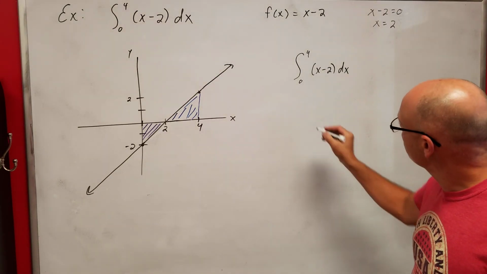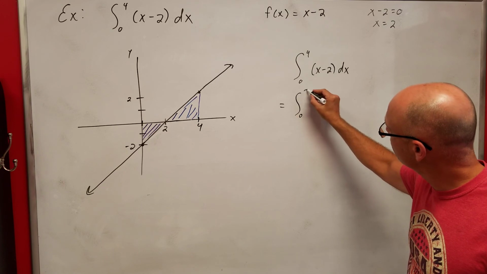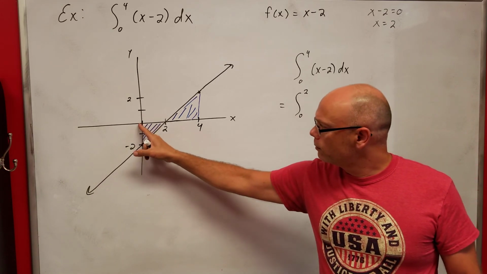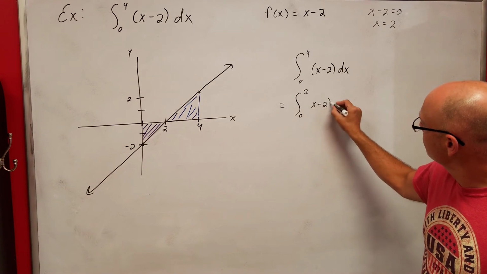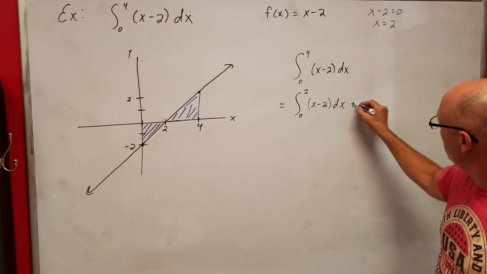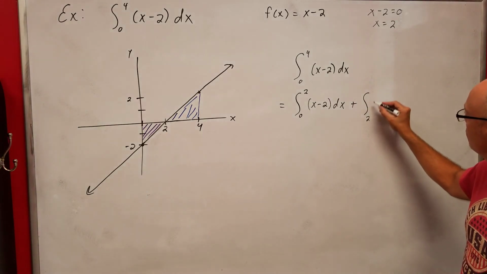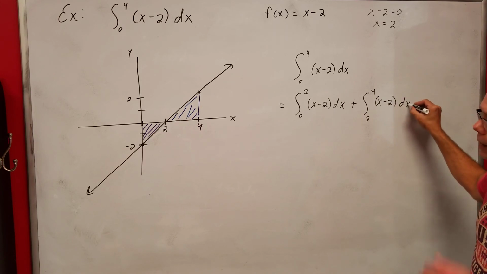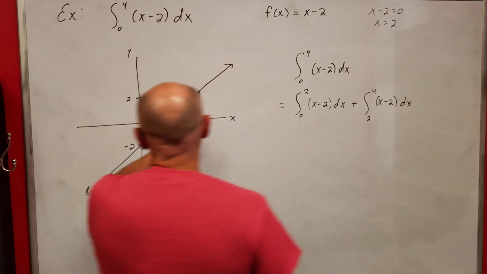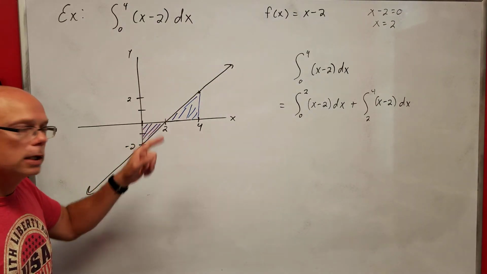So basically I'm going to take the integral from 0 to 2 of x minus 2 dx, and add to it the integral from 2 to 4 of x minus 2 dx. Now, this is not drawn to scale. This one looks bigger than that triangle, but really they're the same size.